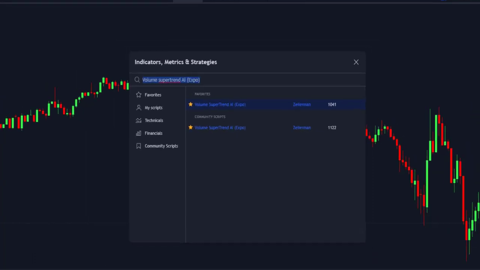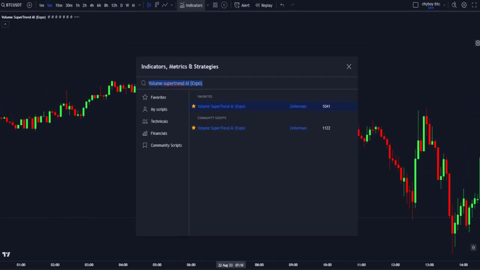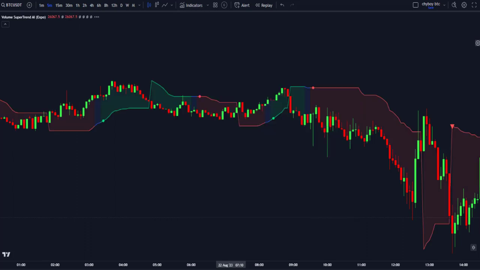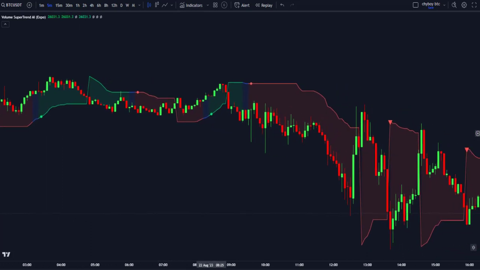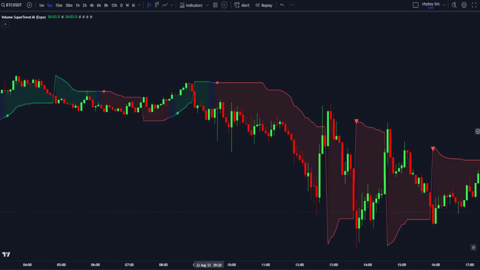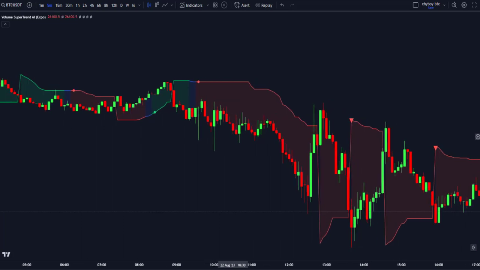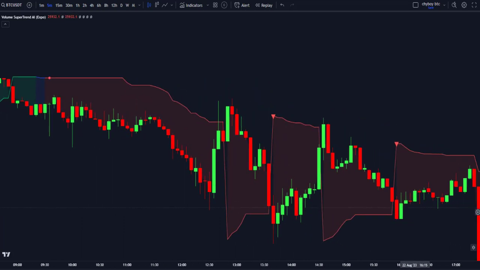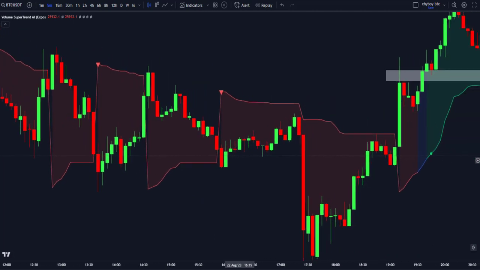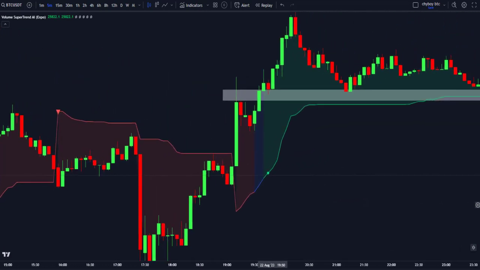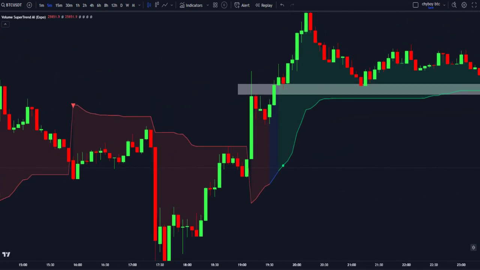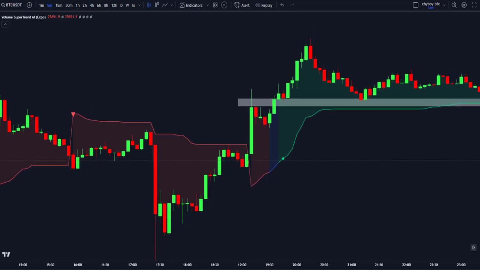The indicator is designed to predict trends in price movements by considering not only price movement, but also trading volume, introducing an extra dimension to trend analysis. By integrating volume data, the indicator offers a more nuanced and robust understanding of market trends. When trends are supported by high trading volumes, they tend to be more stable and reliable.